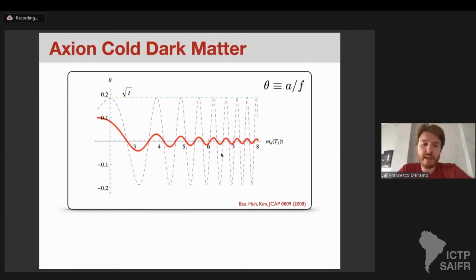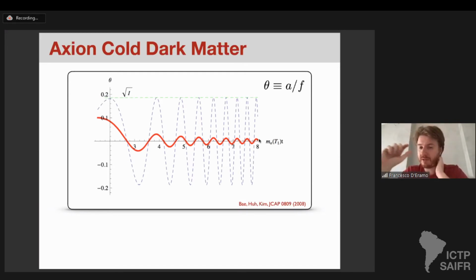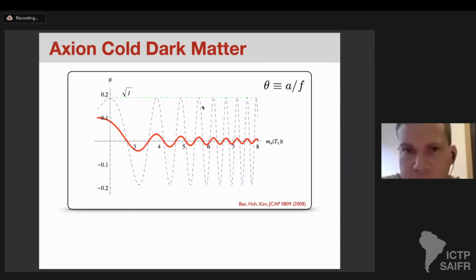As we go to later times, it starts oscillating, and you see it follows this trajectory, and it slowly approaches the minimum because the amplitude of these oscillations gets smaller and smaller. It's called misalignment because this is the result of an initial misalignment between the axion field and the minimum point. If you start precisely at the minimum, you will not have oscillation. You would be in an equilibrium point and you will sit there.